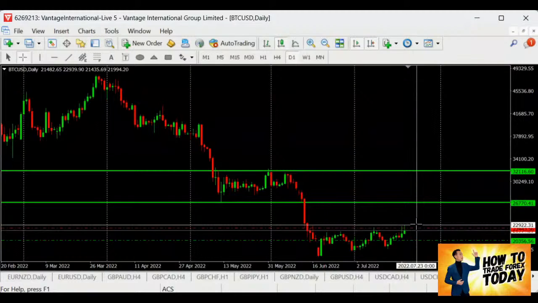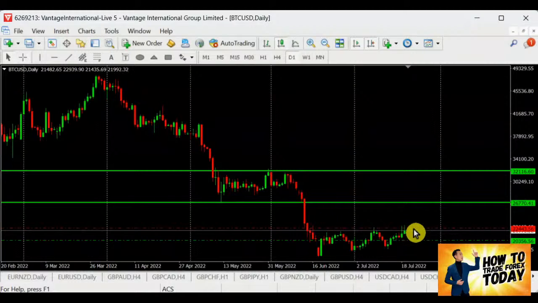I would say that the buying from here to here is about there already, so you have to be careful for buyers. Just wait for it to retrace downward first, then we'll see what to do. Okay, I guess that's about all for now.